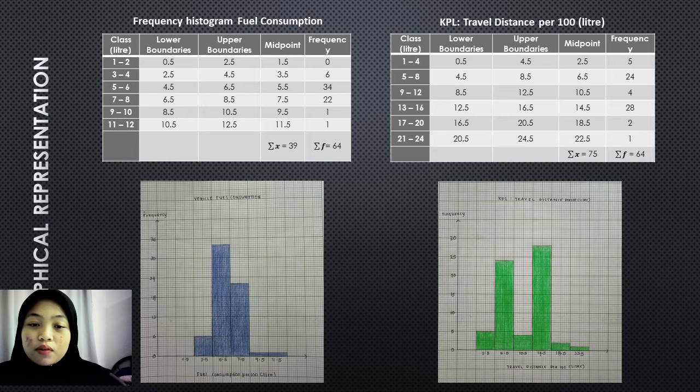Okay, as you can see, the first one is the histogram, and there are two histogram graphs. One is for the frequency histogram of fuel consumption, and the other one is for travel distance per 100 liter.